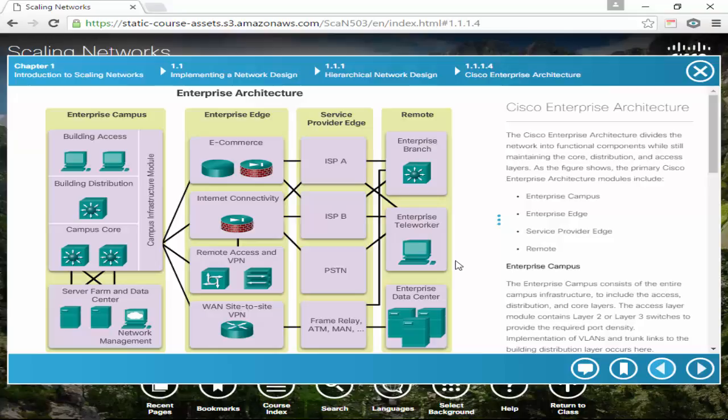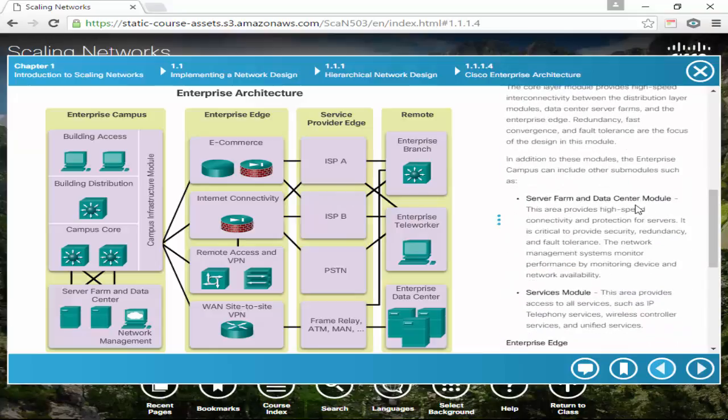And so something over here in the data center would probably, right in this area, I guess it's in the enterprise edge, but this VPN solution is allowing this teleworker to come in, or forming a different type of VPN to connect the two networks to the enterprise data center, or probably in the same fashion this enterprise branch. So we have two VPNs. We will talk about them later.